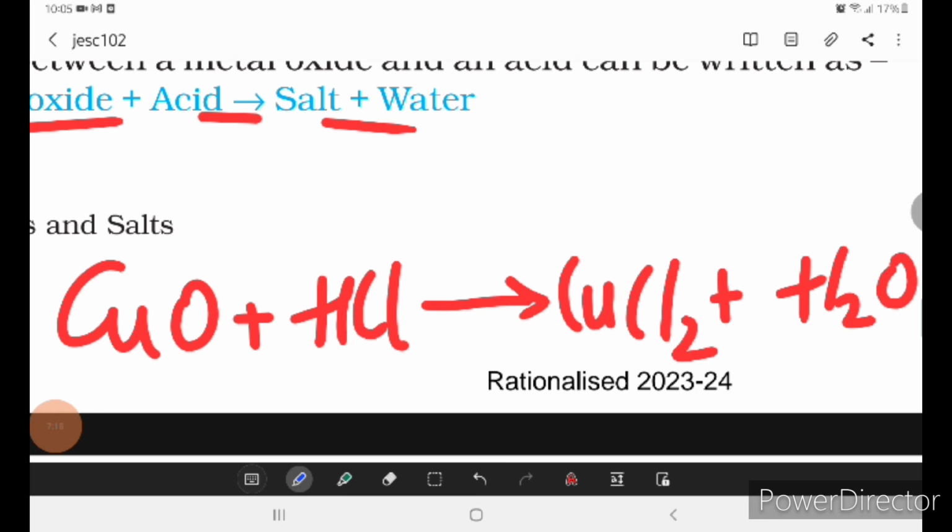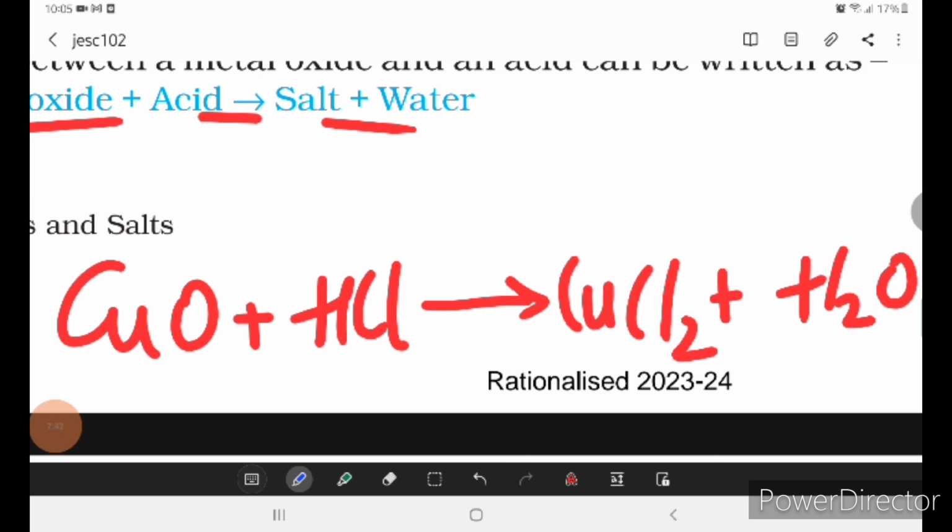Second step is to count the number of atoms on the right hand side and also the left hand side of the arrow. Later, the atom with the highest coefficient should be balanced first. If you see here, by looking at the equation, hydrogen and chlorine have the highest coefficient, that is 2.